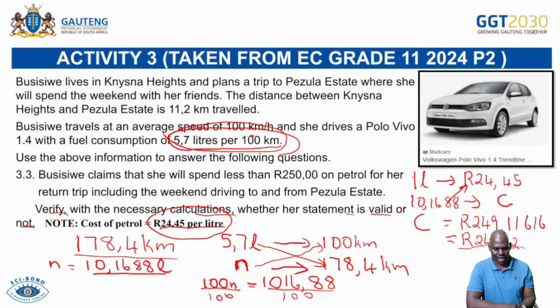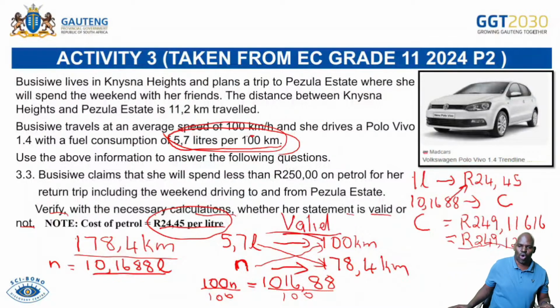Verify with the necessary calculations whether her statement is valid or not. It doesn't matter how small the difference is, what matters is that it is less. So her statement is valid because indeed she spent less than 250 rand.